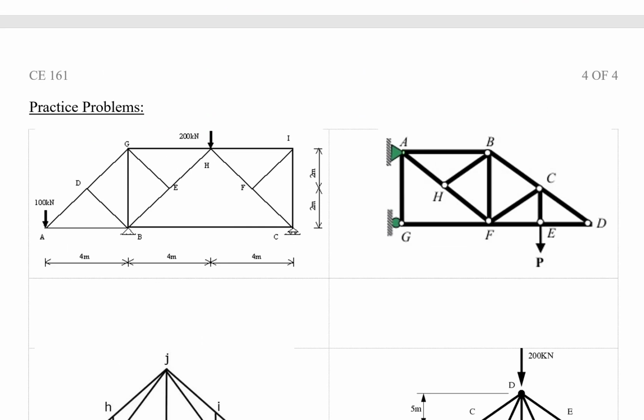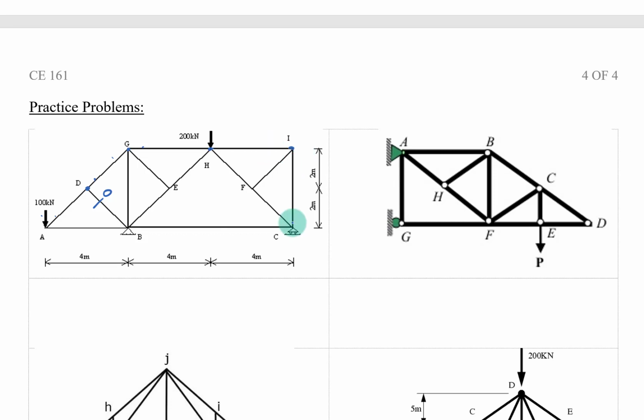And the easiest thing to do is just go left to right and look for these 2 cases. So this has 1, 2, 3 non-collinear. This has 1, 2, 3 collinear. That's 0. This has 1, 2, 3, 4, so nothing. 1, 2, 3, 4, nothing.